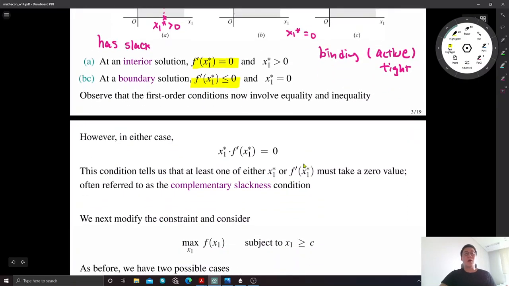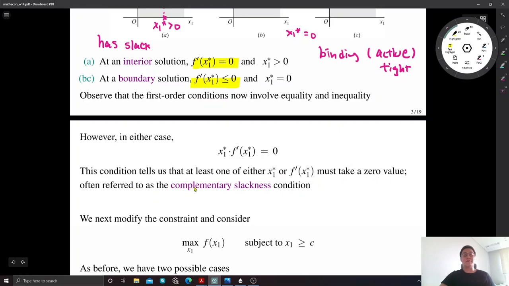Right? But one important thing you can observe is that in both cases, we have this common condition. If we multiply the derivative and the solution, no matter where we have a solution, that boils down to 0. Right? So this condition tells us at least one of either the solution or the derivative must take a 0 value.